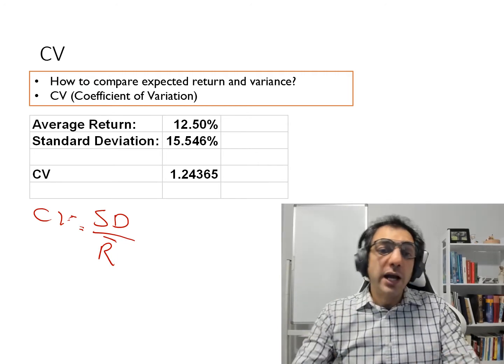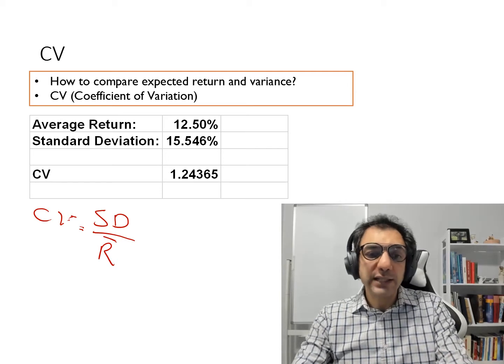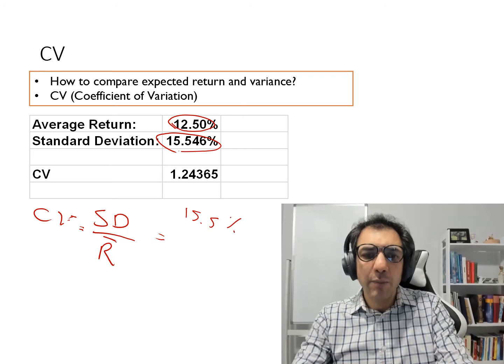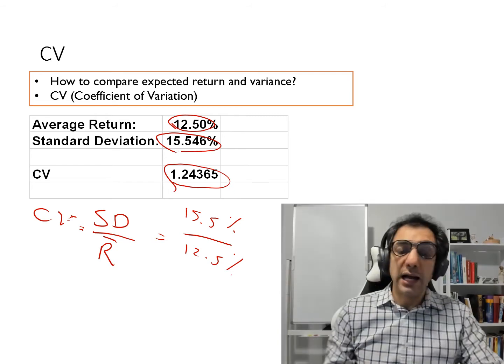So in the previous example, we calculated the return 12.5% and the standard deviation 15.5%, correct? If you simply divide 15.5% by 12.5%, you get approximately 1.24 as your CV.